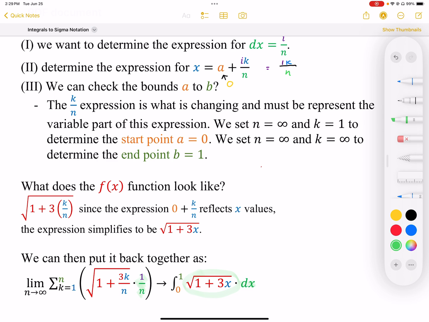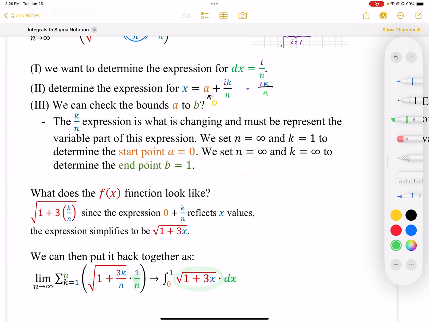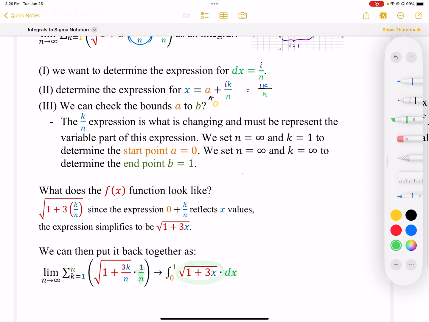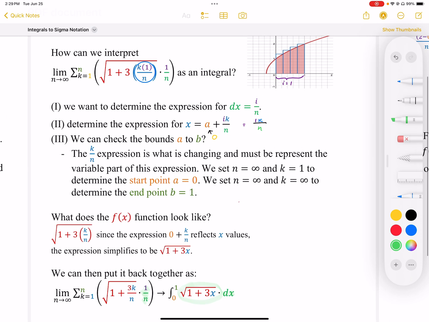To work out the bounds then, we have to figure out what our starting point and ending point are. For the starting point, we're just going to set n equal to infinity and k equal to 1 and plug that into our x expression.